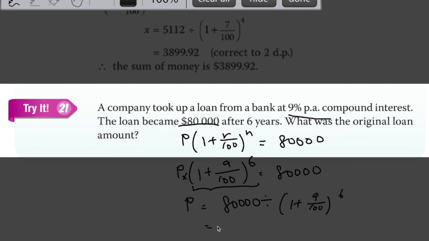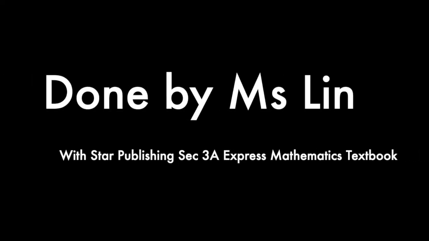You just have to key this in your calculator: divide by 1 plus 9 over 100 to the power of 6. So what you have here is 47.39 to 2 dp. So this was the original loan amount, and then it snowballed after 6 years to 80,000.